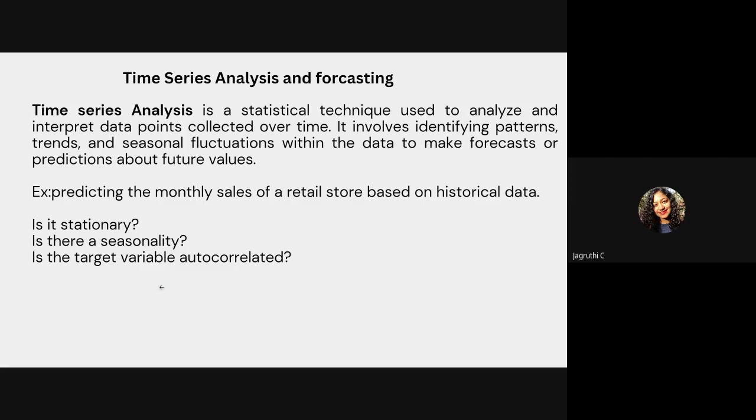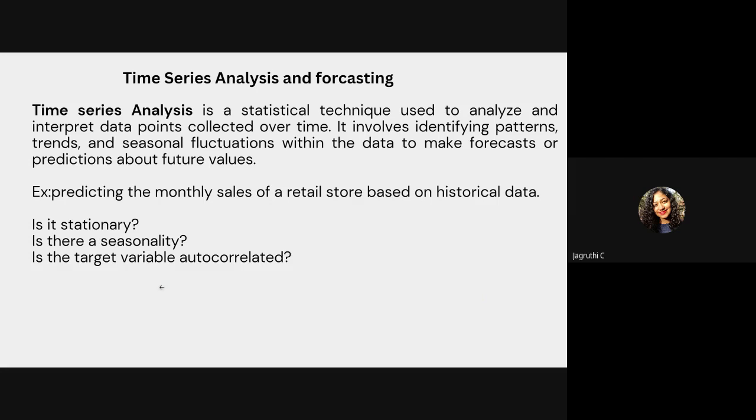The time period that you take in order to collect these data points is very, very important, because it depends upon the type of business case statement that you are looking at, and it becomes very useful in identifying patterns, trends or seasonal fluctuations in order to make forecasts or predictions. A couple of examples that I have put here is maybe predicting the monthly sales of a retail store based on historical data.